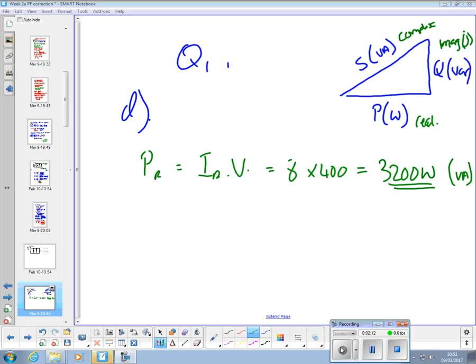And then if we move on to E, what we're doing is finding S for the inductor. We can get that from the inductor current times the voltage.